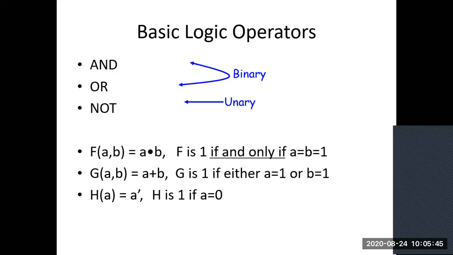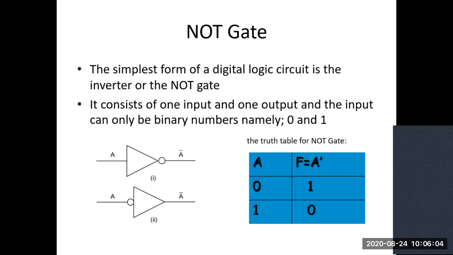Similarly, you see this NOT gate, that is A bar. Whenever you want the output to equal 1, A needs to be 0. That's why after complementing it, you are getting 1. We will discuss all those things in detail.